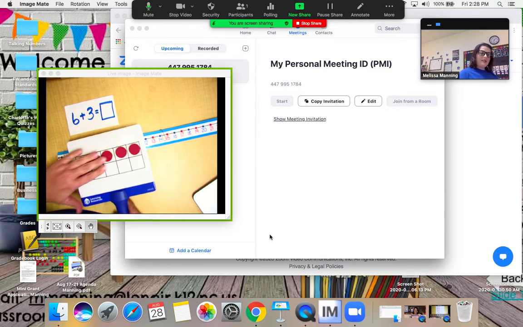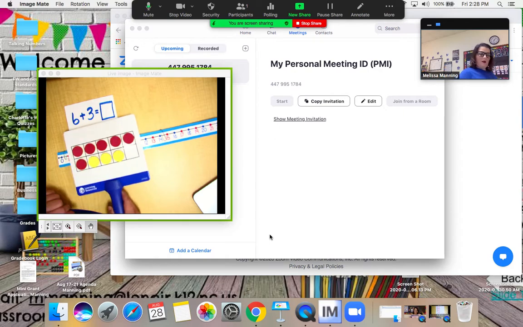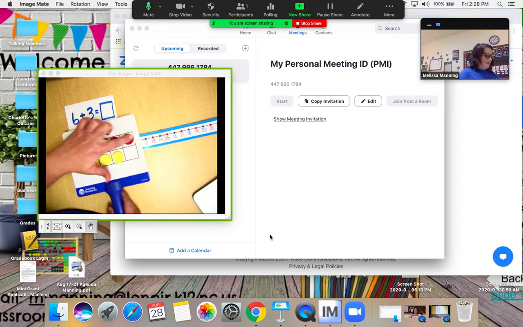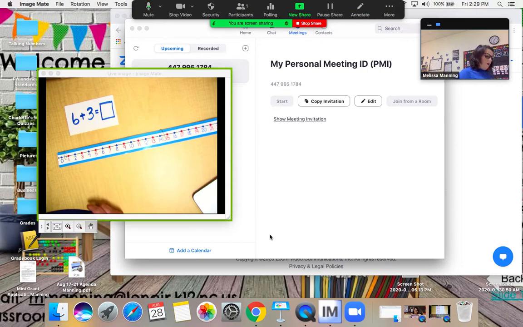So I'm not going to take any chips away here, but I am going to add 3 more. There you go. And you can see my 6 and my 3. And that tells you the answer is 9. So that's no secret. 6 plus 3 is 9. But I want to show you how to do this on a number line.